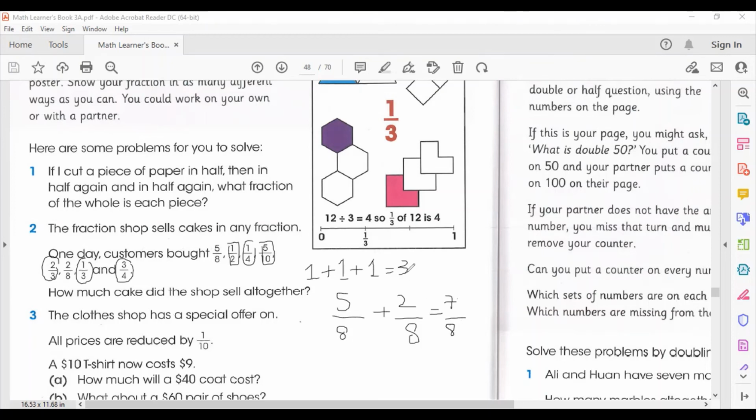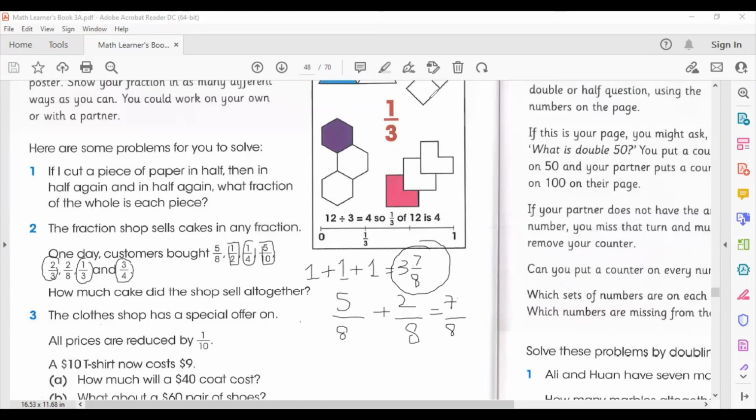What is our answer? 3 as it is, and 7 by 8. Our answer is a mixed number, 3 and 7 by 8. The fraction shop sold 3 and 7 by 8 cakes altogether.